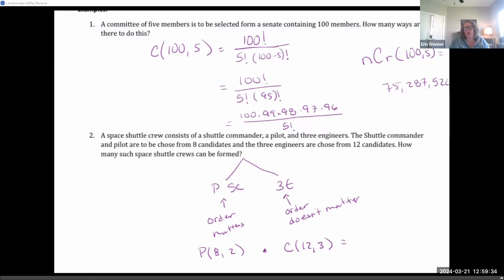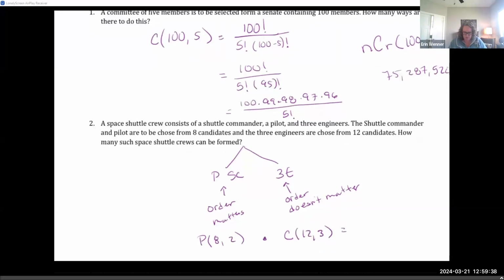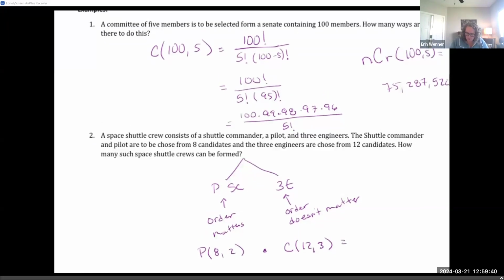So I would suggest always using Desmos. For the permutation part, you're going to do nPr of 8, choose 2. The combination part, you're going to do nCr of 12, choose 3. Okay.